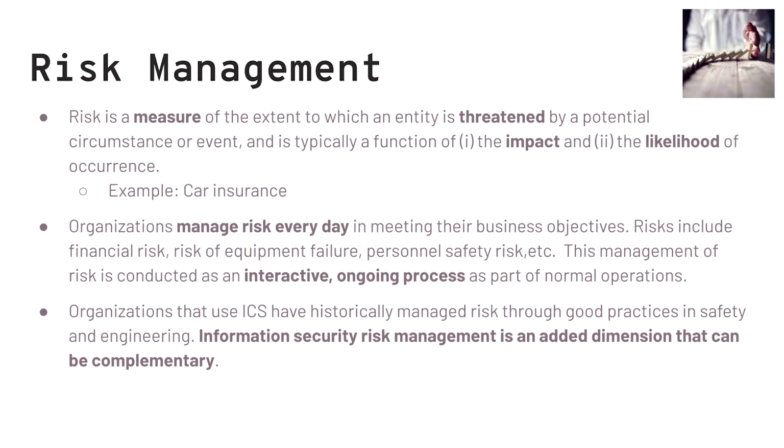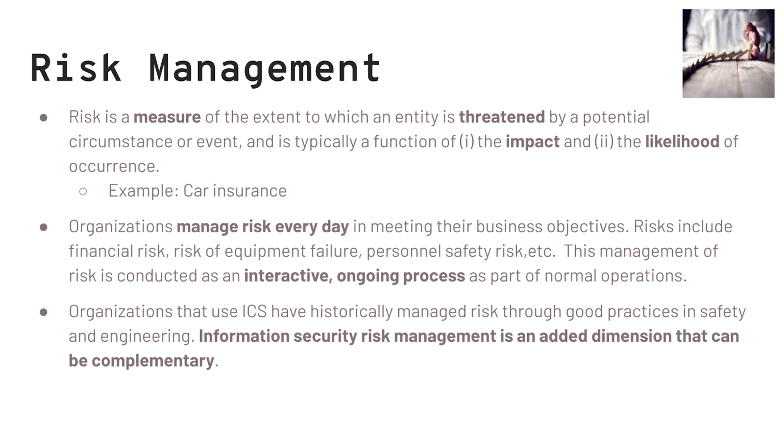Organizations that use industrial control systems have historically managed risk through good practices because of the unique safety requirements. If you have a nuclear plant or a chemical process with dangerous chemicals being processed, then you have to have very good risk management processes to ensure that things go smoothly.